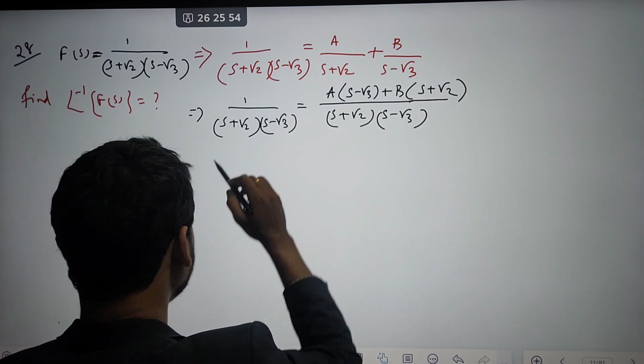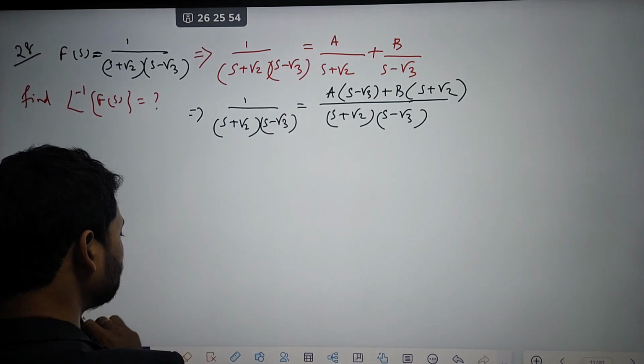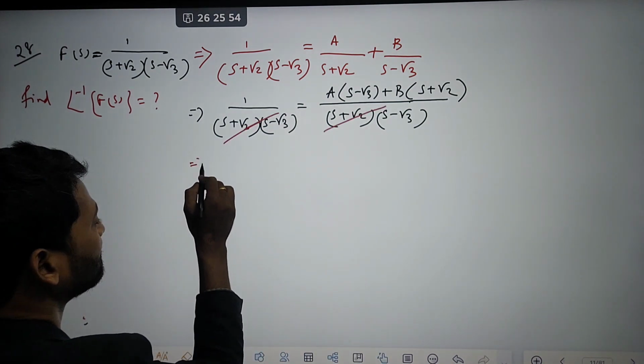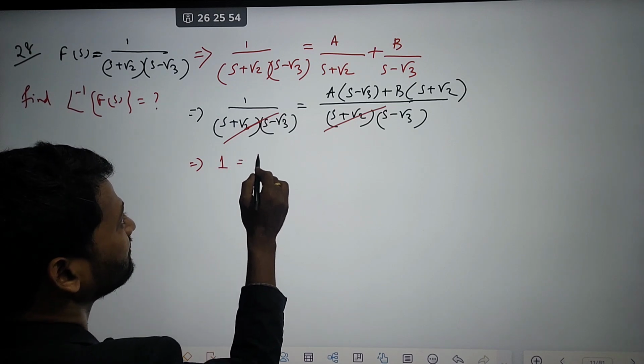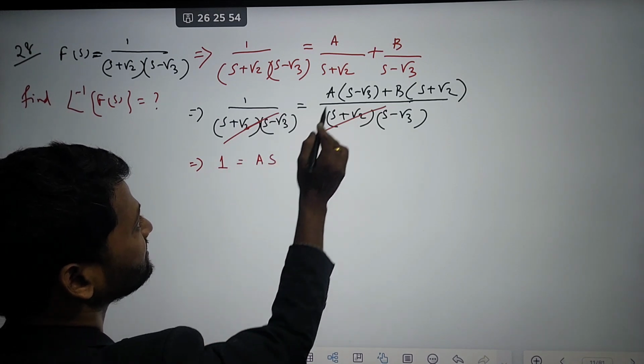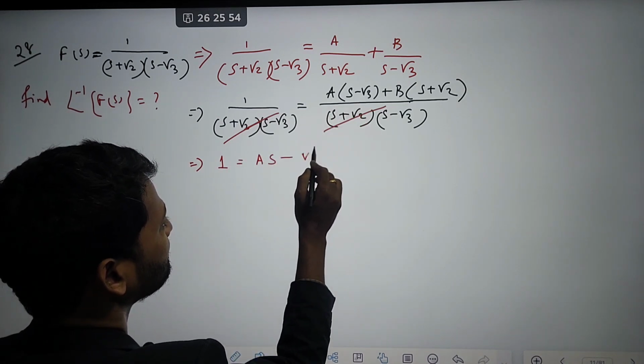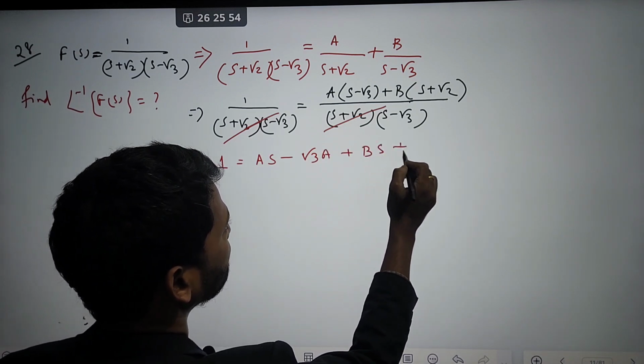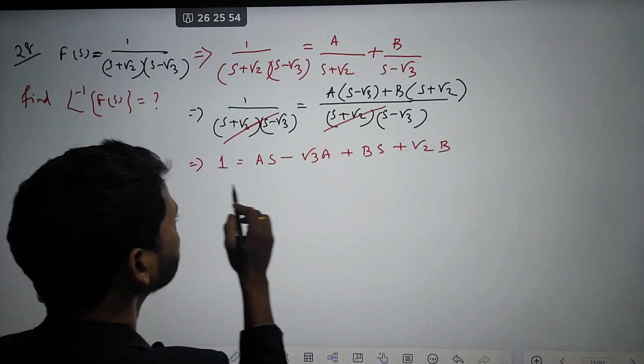Okay. Partial fraction you know from class 12th. This part will be cancelled. So our 1 is equal to As minus root 3A plus Bs plus root 2B.